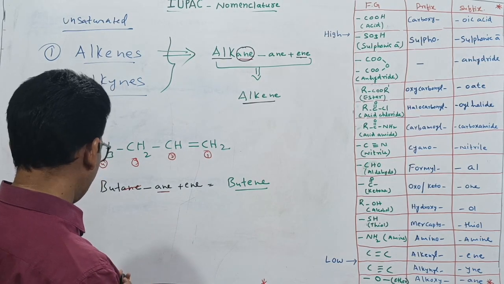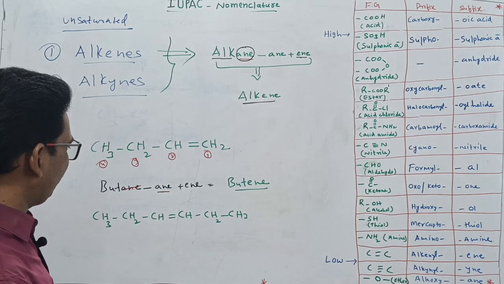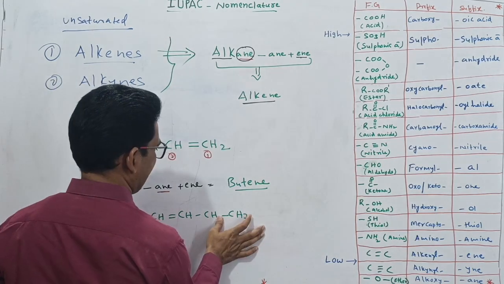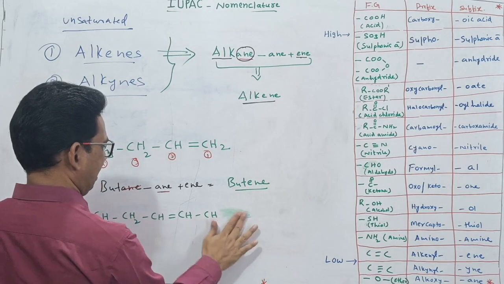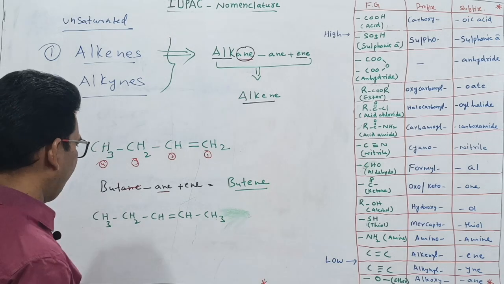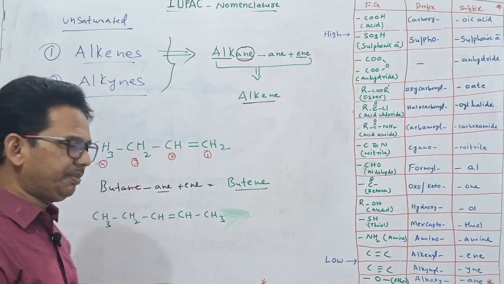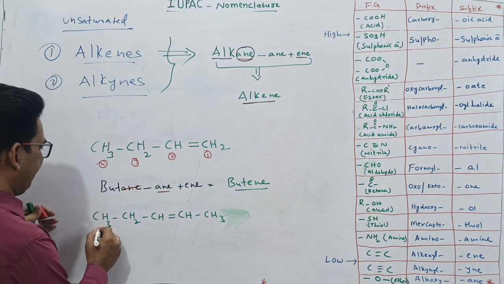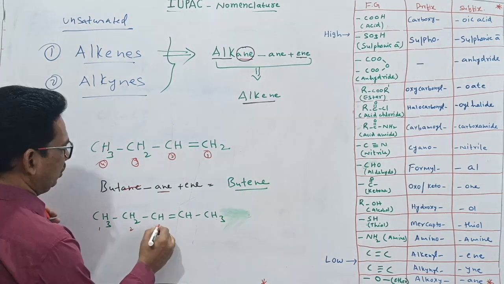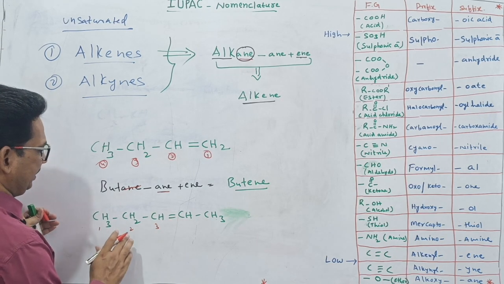Then I will write another example. Now see, from which side do you have to give the numbering for this? For example, I will remove this carbon. Now, from which side will you give the numbering? The double bond should get the lowest possible number. If you give from this side, 1, 2, 3, the double bond gets the third position.